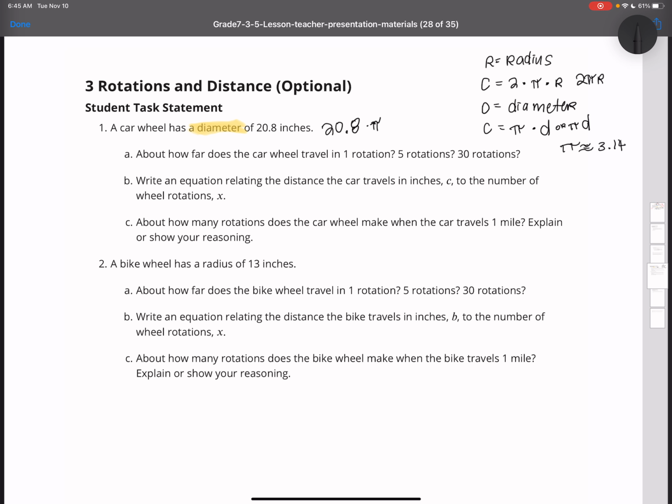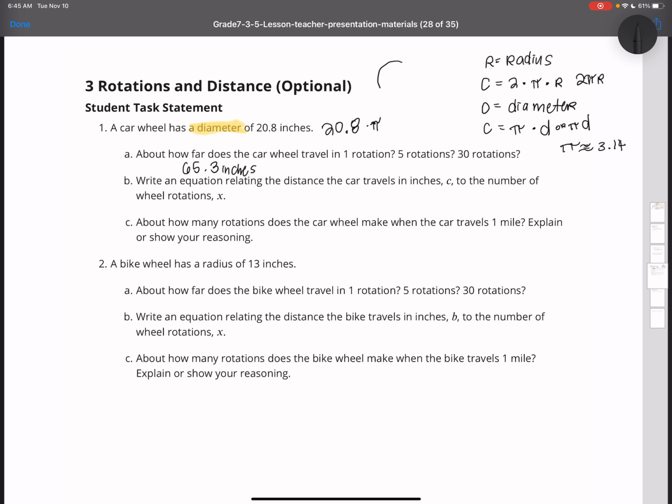If we wanted to solve it, we would multiply 20.8 times pi, which would give me about 65.3 inches. Okay, that's for one rotation.